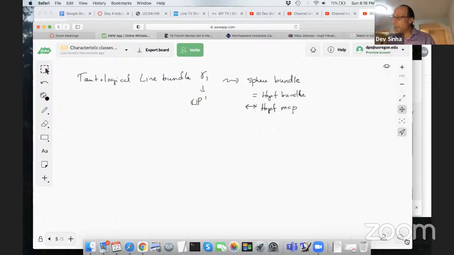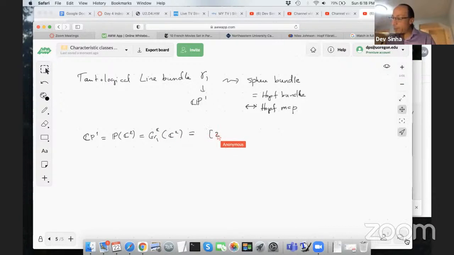But we're going to start with, if you will, just verifying one of the axioms for Chern classes. So we're going to consider CP1, which we can think of as the space of lines in C2, or if you want, one-dimensional subspaces of C2, which are complex. And the way we're going to think about that is using homogeneous coordinates.